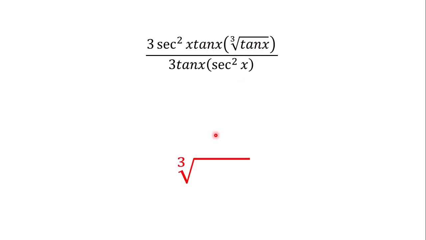That is it. So the derivative of what we started with, the a, b, and c, is the cube root of tangent x. Very nice. What do you guys think?